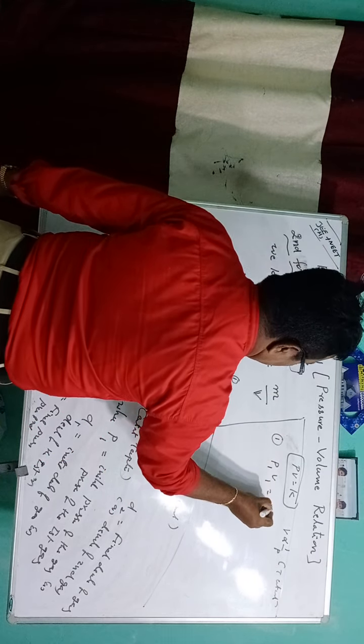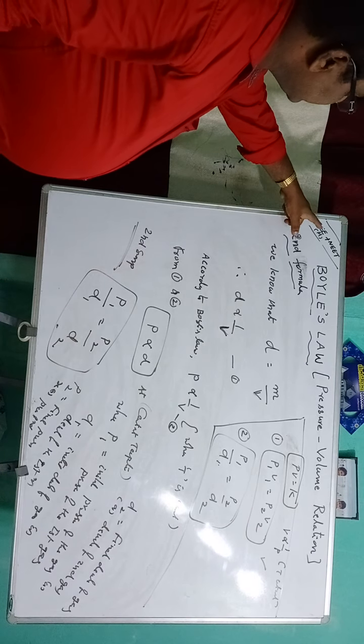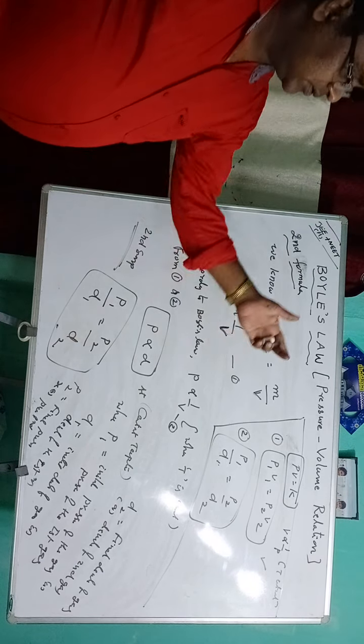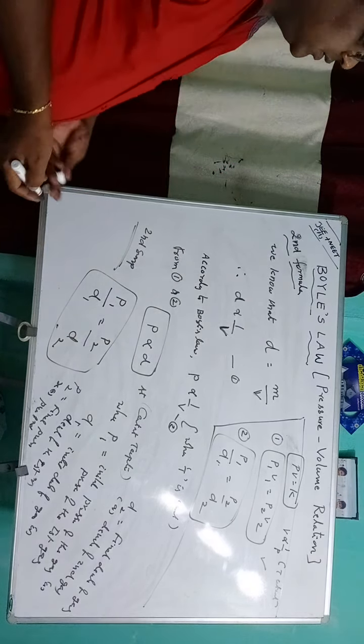Second formula, P1 by D1 is equal to P2 by D2. These two formulas of Boyle's law are generally used in problems given in JEE Mains or NEET. So now Boyle's law is completed.